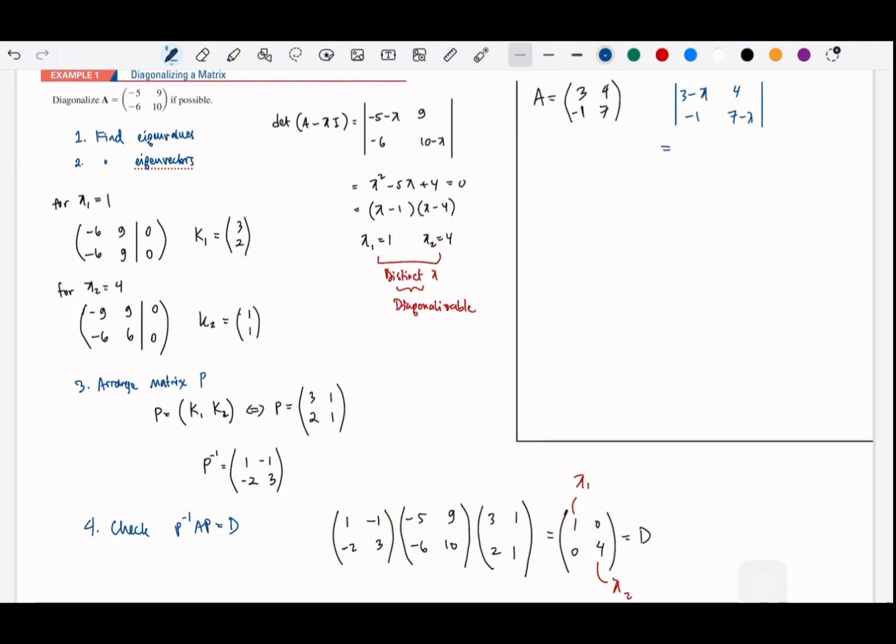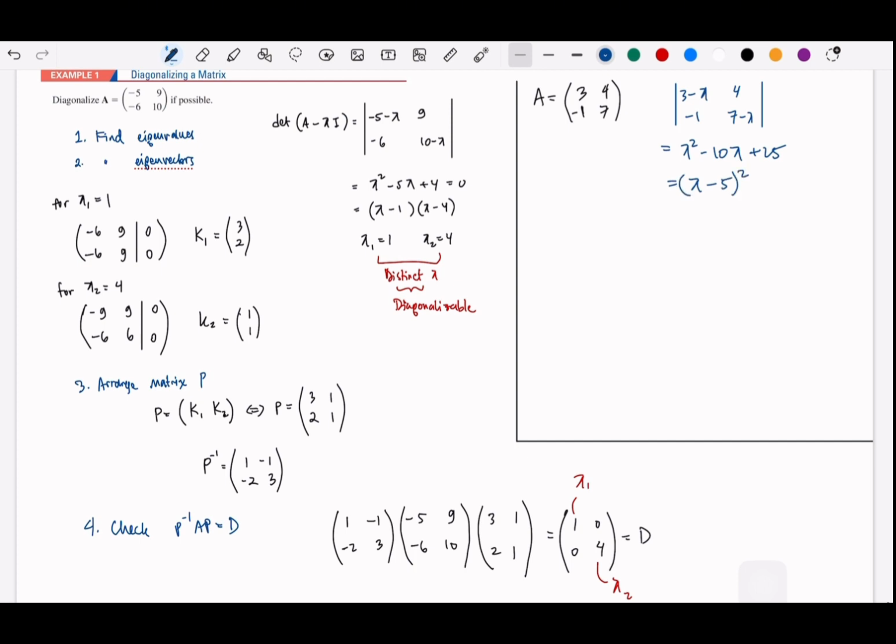Now if we multiply, this will be lambda squared, negative 10 lambda, 21 minus 4, so 25.